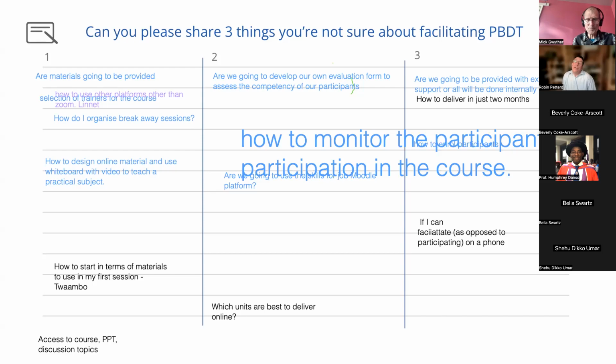Cool. So the plan at the moment is you're going to use the Skills for Jobs Moodle platform. The Commonwealth of Learning has an admin person called Fred. I can't remember his last name. He's based in Kenya. He will do the enrollments.